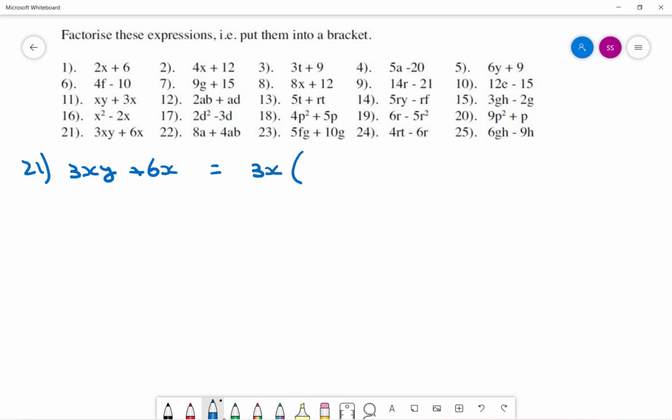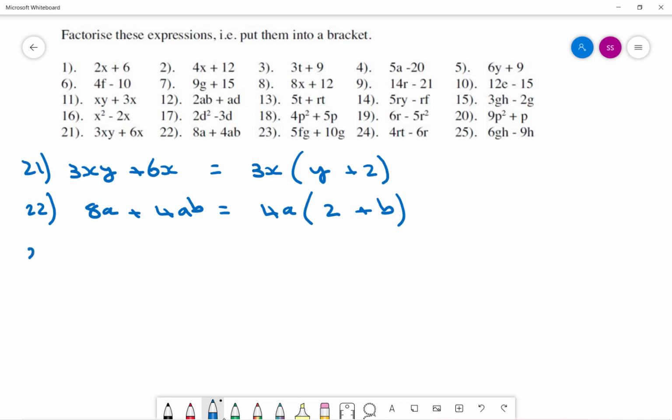So 3xy divided by 3x will just leave y, and 6x divided by 3x will leave plus 2. Number 22, 8a plus 4ab. Our common factor here is going to be 4a. 8a divided by 4a leaves us 2, and then 4ab divided by 4a leaves us with just plus b.